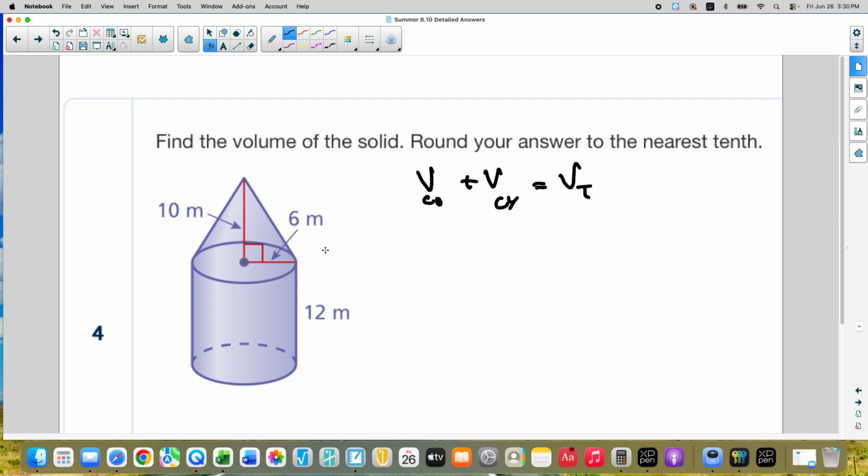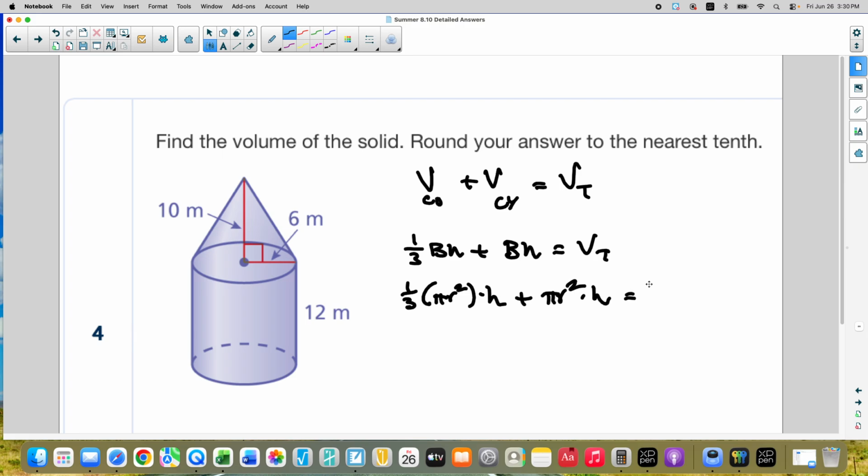So volume of the cone is 1/3 big B times H, plus the cylinder is big B times H, equals the total volume. That's pi r squared times the height plus pi r squared times the height equals total volume.